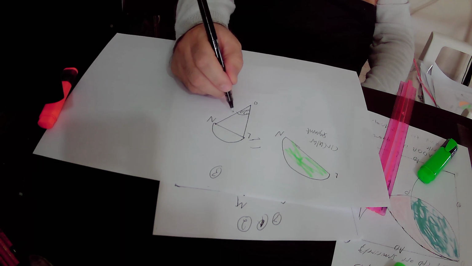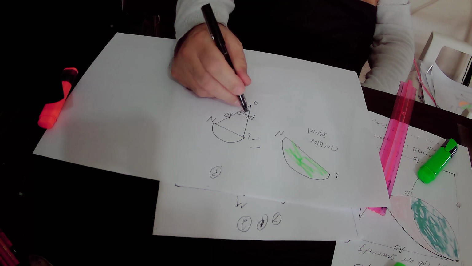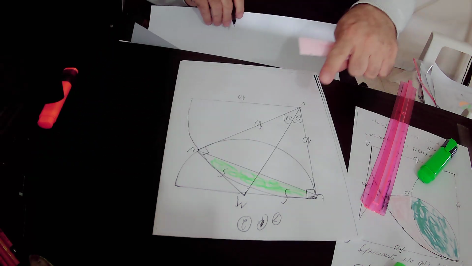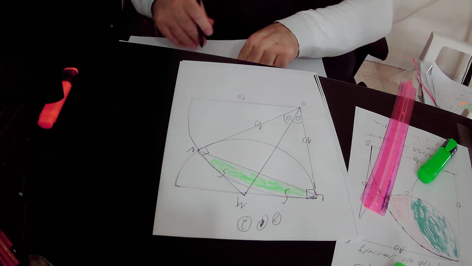Each leg equals 10 units in length, minus the area of triangle LON.